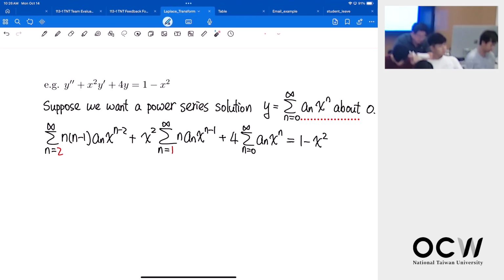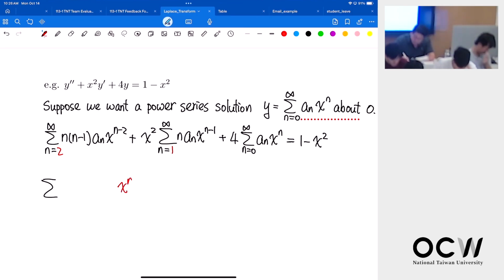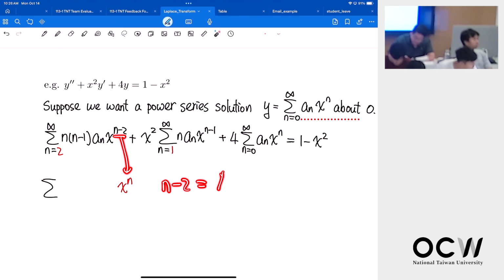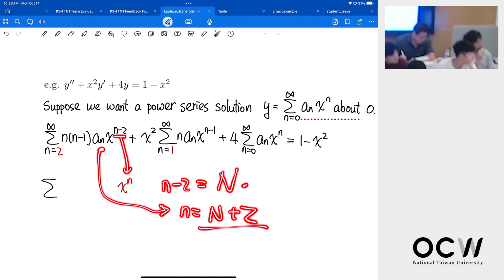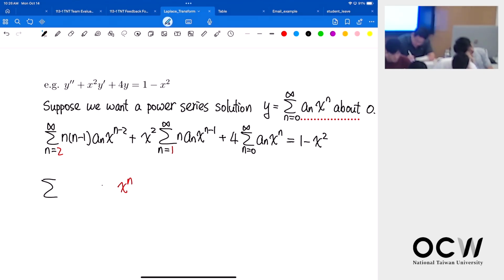So the first one, this is x to the n, n minus 2 becomes a new n. So your n should be m plus 2. So here your a will be a_(m+2), and then your n becomes m plus 2.